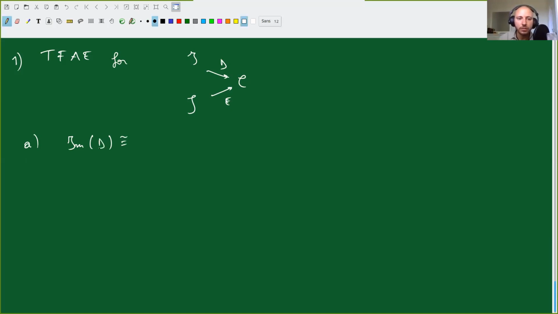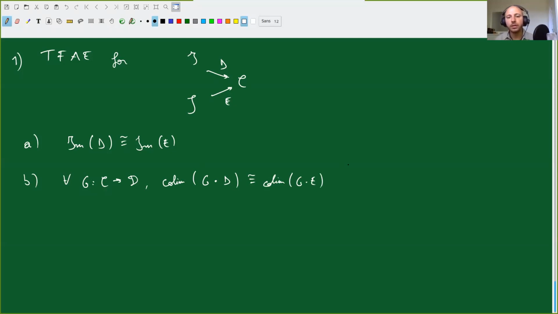B, for every G from C to D, the colim of G compose D, if it exists, is isomorphic to the colim of G compose E. Again, if one of the two exists, the other one does too, and in that case they are isomorphic.